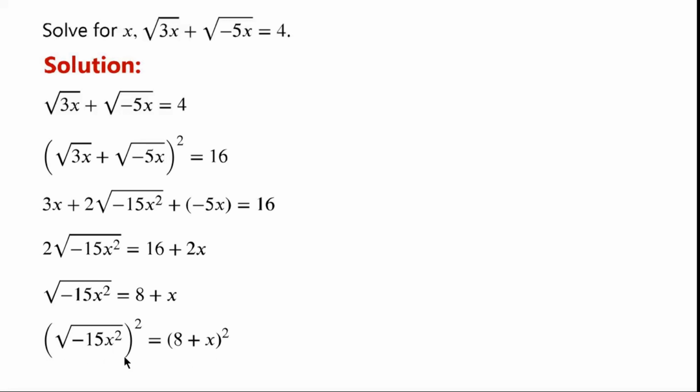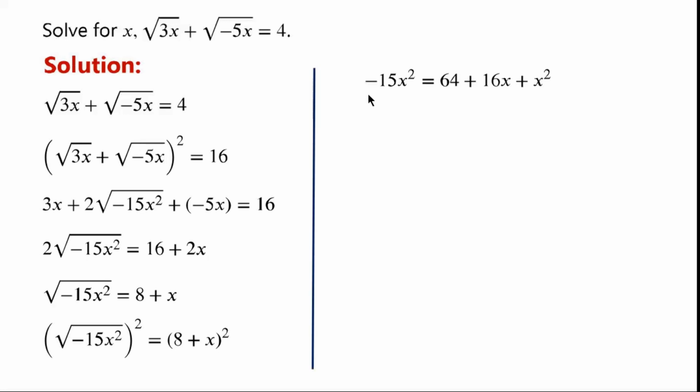Now we square both sides of the equation to remove the square root sign on the left-hand side of the equation. By expanding both sides of the equation, we can now write -15x² equals 64 + 16x + x².